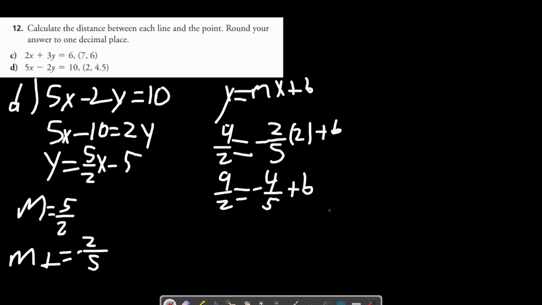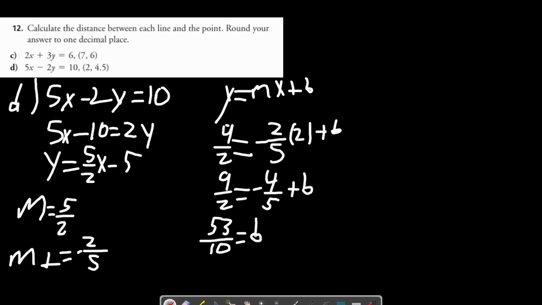And so we have 9 halves plus 4/5, oh wait, that's plus, not minus. And that is 53 over 10. Okay, and that is equal to b.